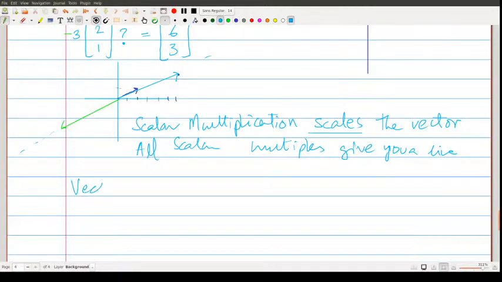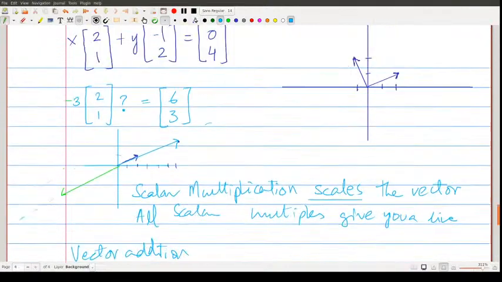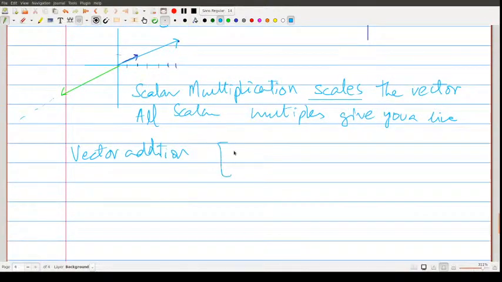Vector addition is basically this: if I take 2, 1 and -1, 2, so 2, 1 plus -1, 2, if I add these two vectors together, on the first entry I get 1, on the second entry I get 3. So 1, 3. Vector addition gives me another vector, a third vector, right?